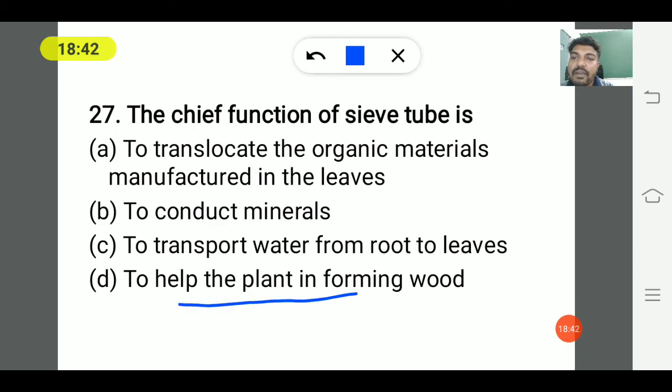It does not form wood. It does not transport water, because it is not a xylem part. It does not conduct minerals either. So option A is the right answer. Organic materials are nothing but the food produced in the leaves, which is conducted by the sieve tube cells.